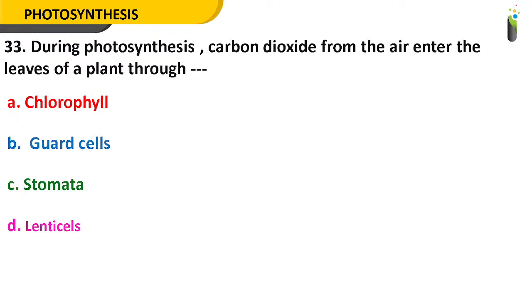Quite an easier question. Well, the answer for this question is C, stomata. Stomata are the openings through which carbon dioxide from the air enters the leaves.